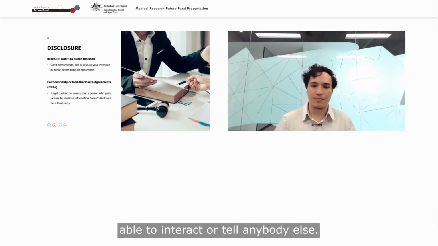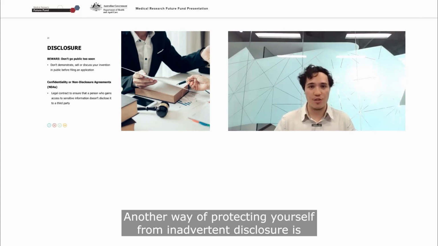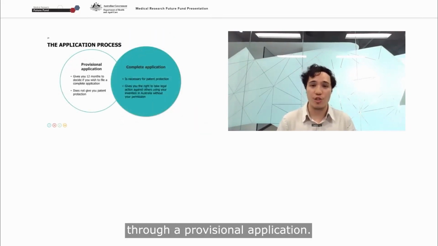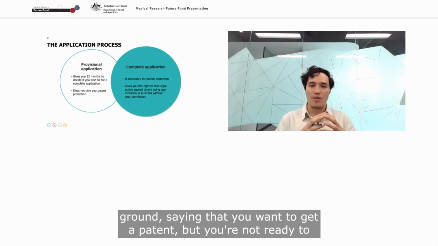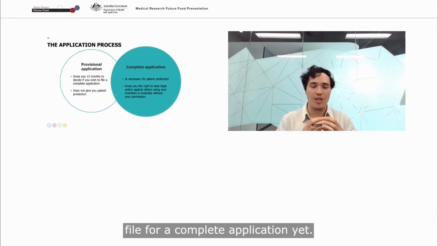Another way of protecting yourself from inadvertent disclosure is through a provisional application. So the provisional application is essentially a landmark in the ground saying that you want to get a patent, but you're not ready to file for a complete application yet.